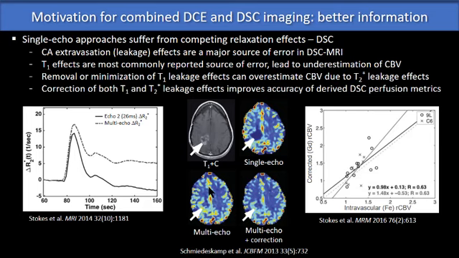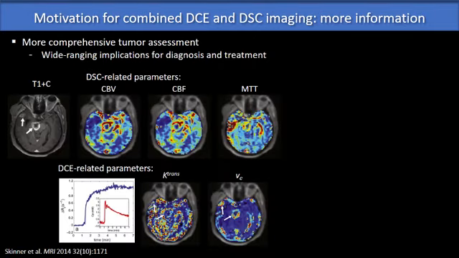I should note that we still have compartmentalization of the contrast agent that leads to additional T2 star effects. But we showed in 2016 that by using a multi-echo approach to remove T1 and then subsequently correcting for the T2 star effects, we could get more accurate rCBV values as compared to an intravascular iron oxide agent. And we showed that in two rat brain tumor models.